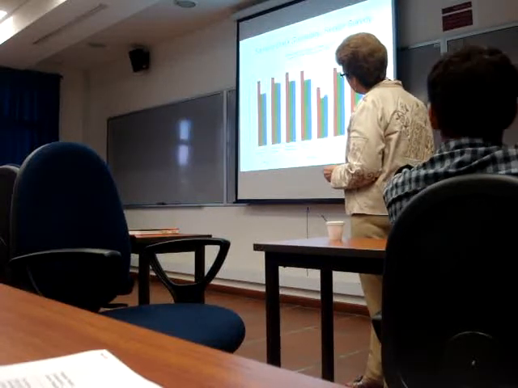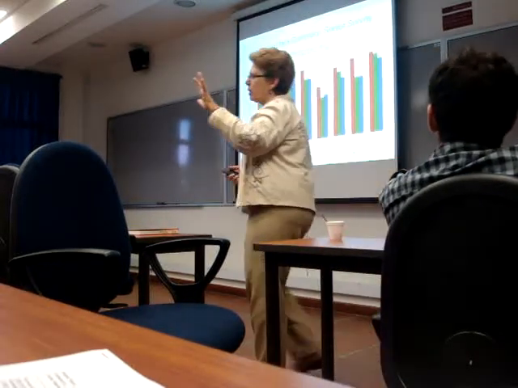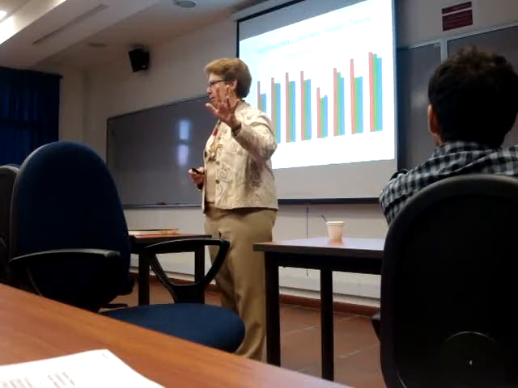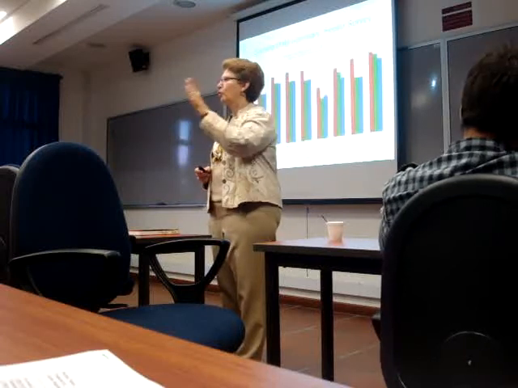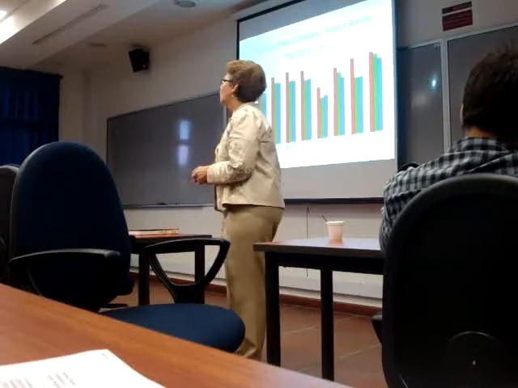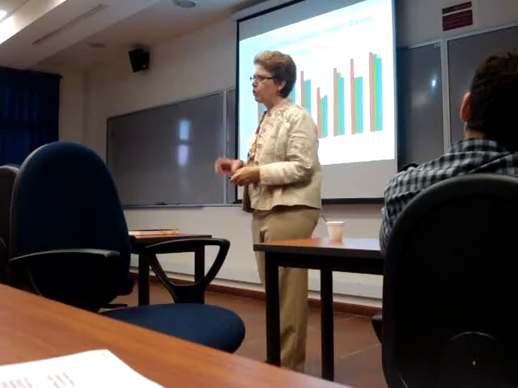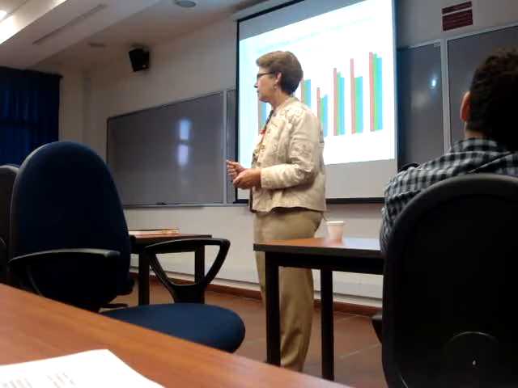The scale was satisfaction, from not at all satisfied, somewhat satisfied, all the way up to very satisfied. When I put it together, I just took the percentage of students who responded that they were generally satisfied or very satisfied, okay?